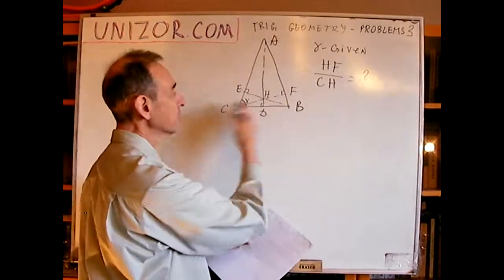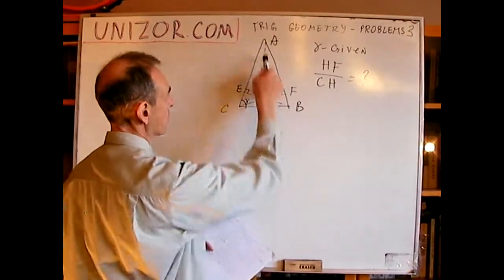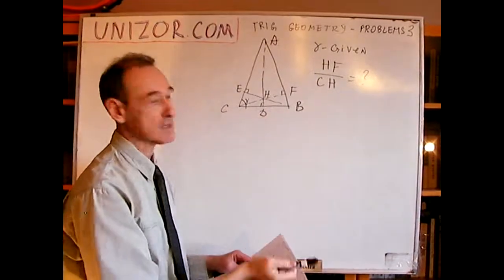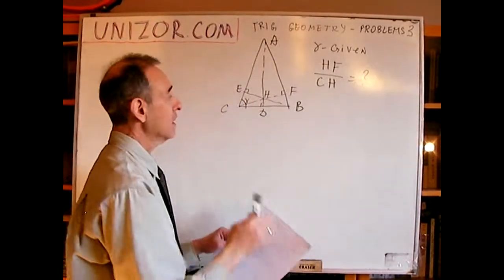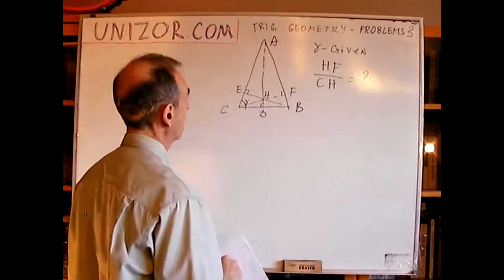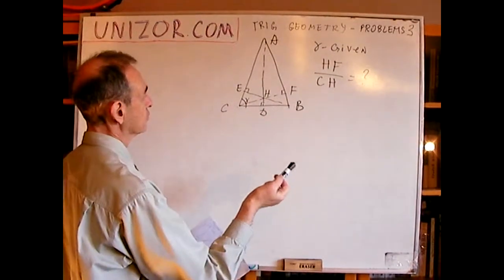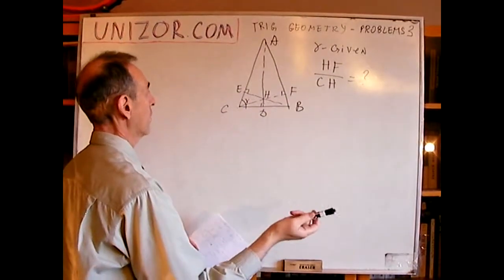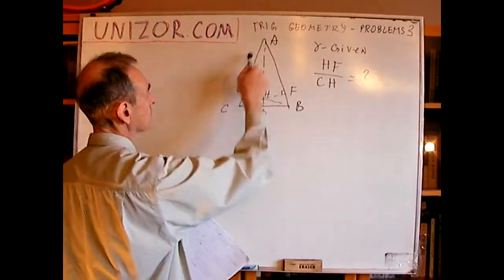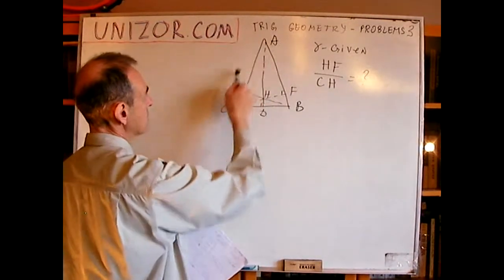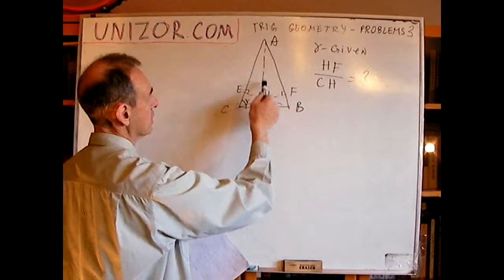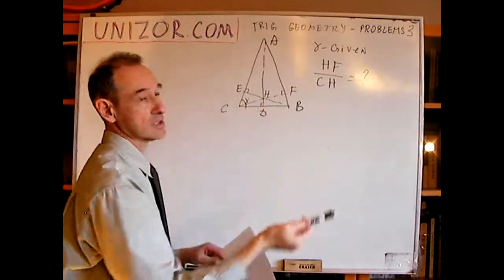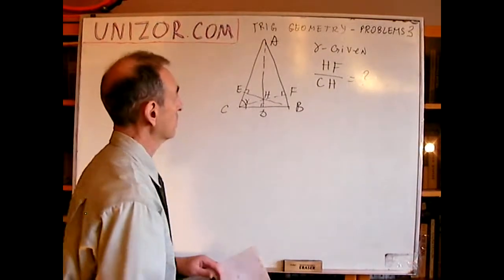The whole picture is completely symmetrical because this is perpendicular, and CD is equal to DB, so point C and point B are symmetrical relative to this one, so everything is symmetrical. So it's very easy to prove, for instance, that EH and HF are exactly the same. Well, why? For instance, you can consider right triangles AEH and AFH. They have a common hypotenuse, and the angles are the same because the altitude is an angle bisector as well, right?